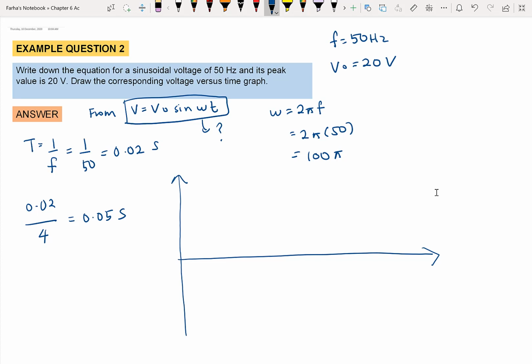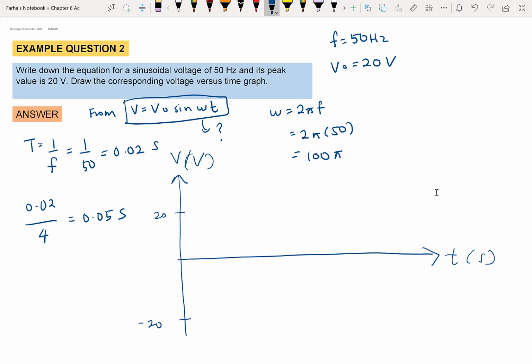So, the graph of voltage against time. We label 20 and negative 20.